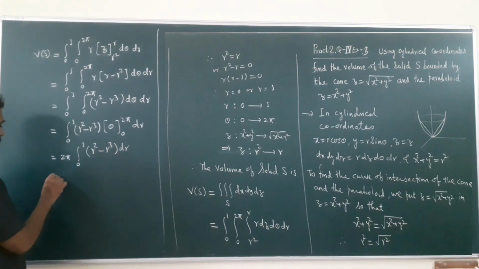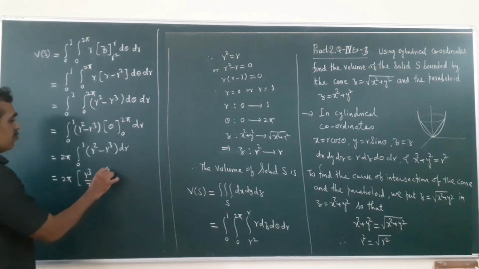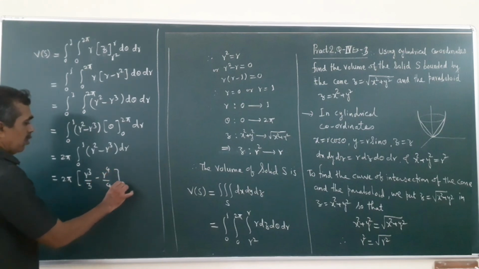Now take the simple limits: this is r cube by 3 minus r raised to 4 by 4, from 0 to 1.